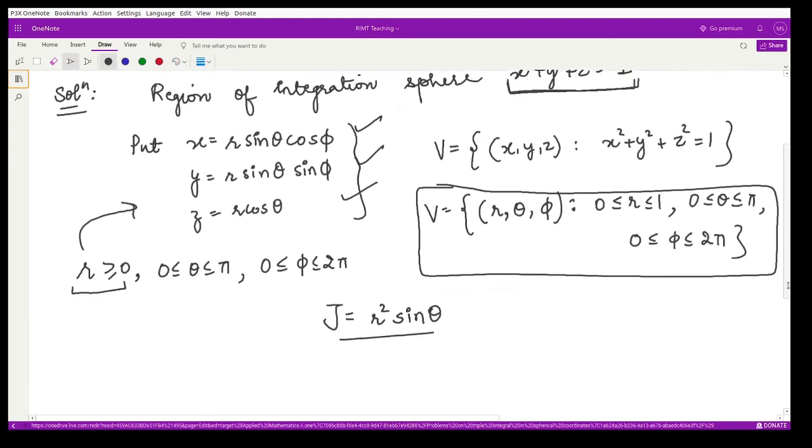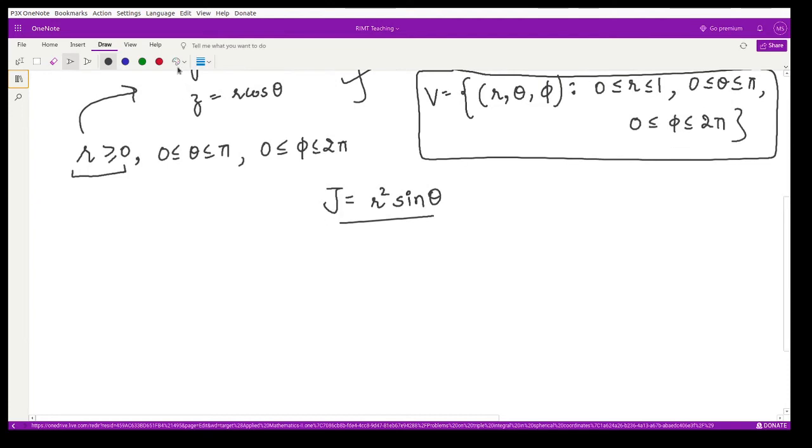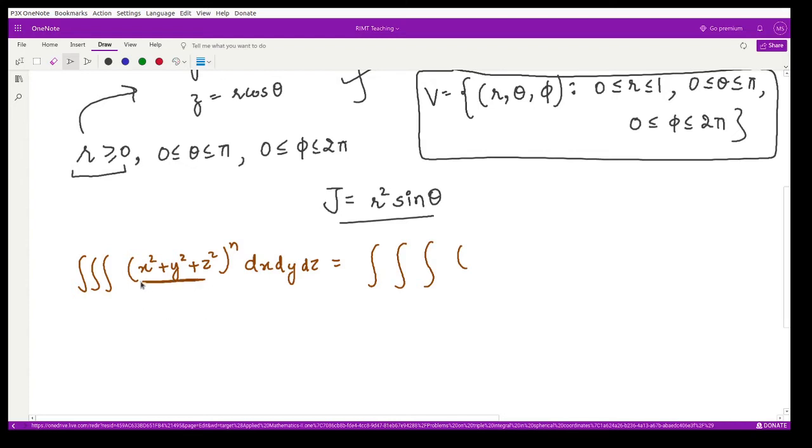So therefore your integral would convert into, so this triple integral of the function (x square plus y square plus z square) raised to power n dx dy dz is simply equal to the integration of, now instead of this x square plus y square plus z square you can write r square raised to power n, and then instead of dx dy dz you can write dr, d theta and d phi, and you also have to write the value of Jacobian, which is simply equal to r square sine theta.